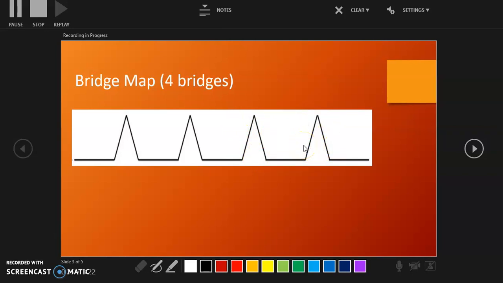A bridge map can consist of any amount of bridges. It just depends on what you want to use it for. Right, so how a bridge map then usually works, you will basically put down your ideas over here. You will write it down over here, and then your sentences just underneath it. I'm going to show you on the next slide what this looks like.